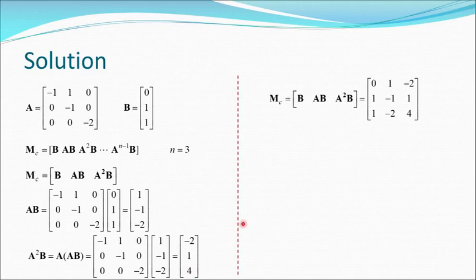Now we can obtain the MC using the values of B, AB, and A squared B. From the controllability matrix MC, we identify its determinant and we get the answer is minus 1.